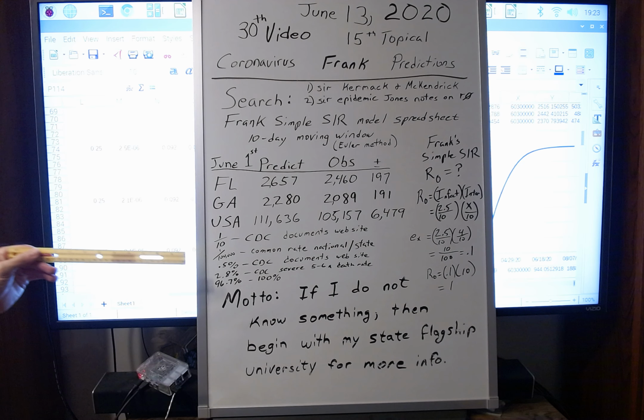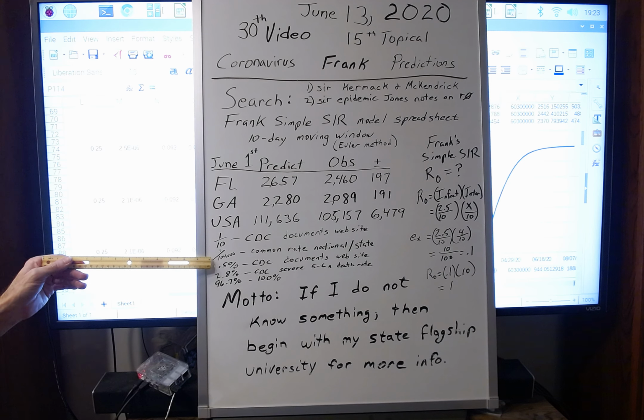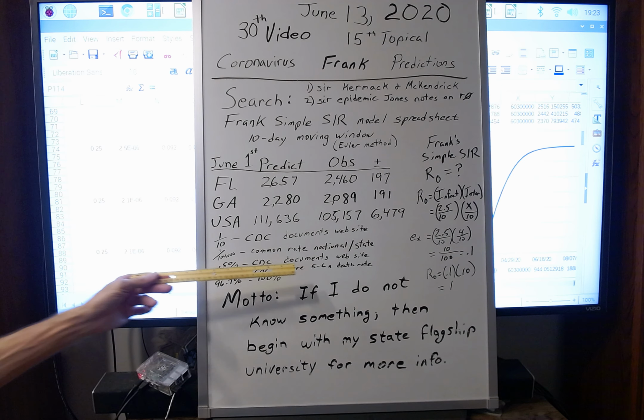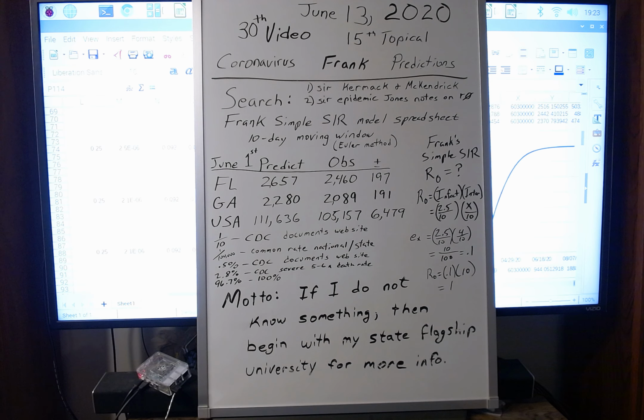So that's where the 100,000 is coming from. It's just a common rate you see in national and state departments of public health. The 0.5%, that's from the CDC documents on their website. I've got that in one of my first videos I made. I picked a conservative death rate of 0.5%.